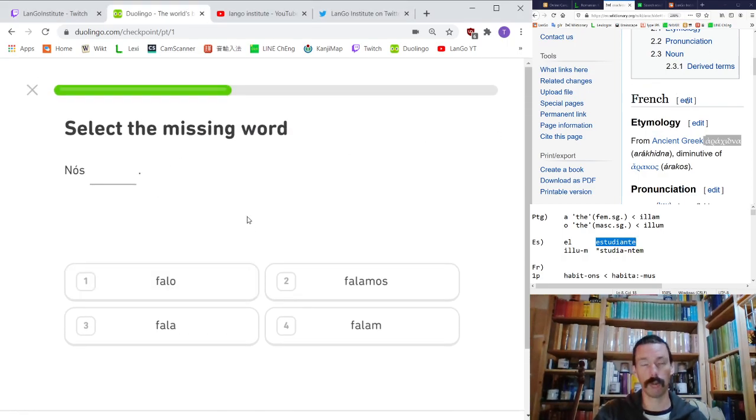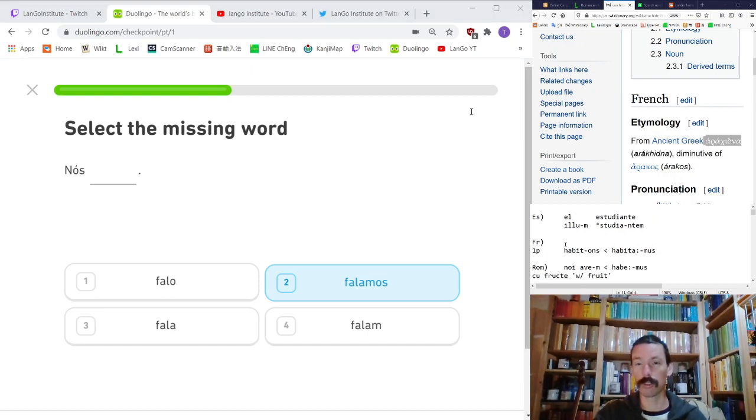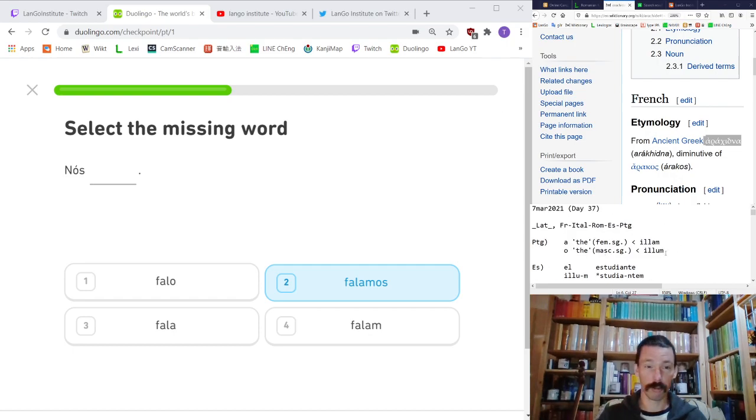Italian kept alive the old system of endings for subject and object. Nós falamos. So here's the Portuguese cousin of that. Habitamos, habitum, habemos, havemos. So let's add it in this group. Nós falamos. Falar. The stem ends in a.